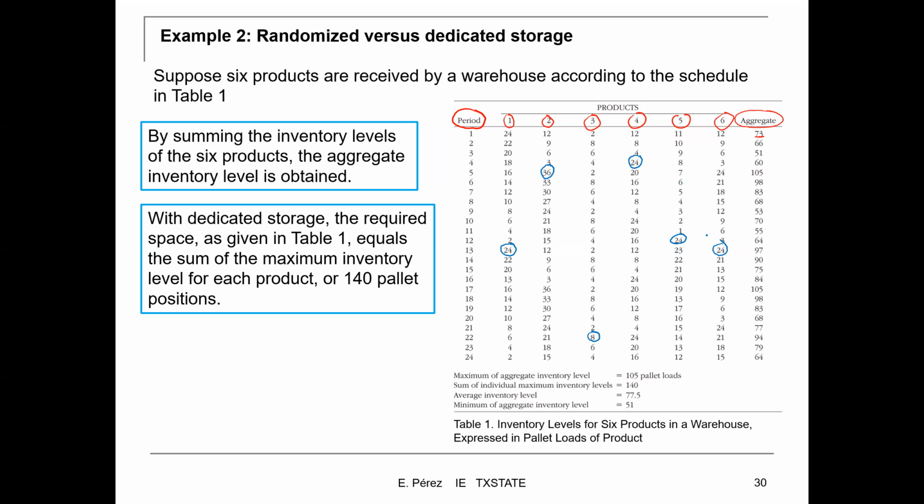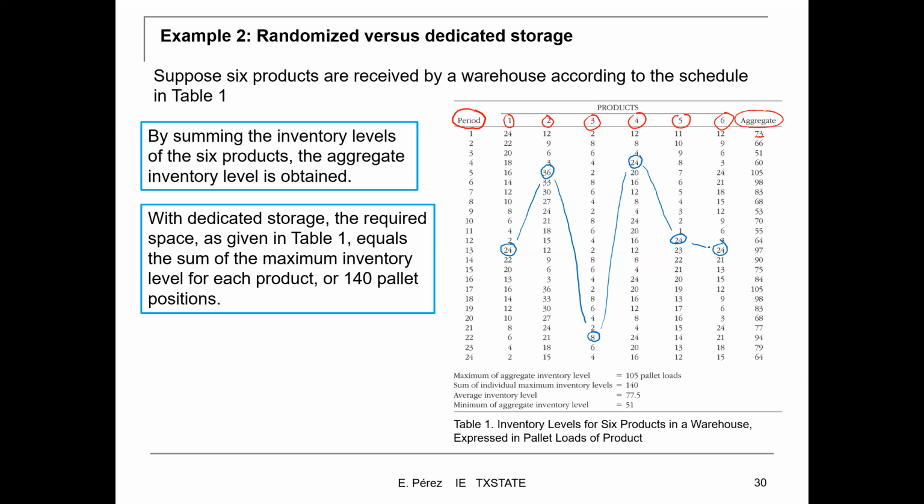So the summation of the individual maximum inventories should be equal to 140. So let's double check that. So this plus this equals 60. This plus this is 68. Then we have 92. 96 plus 20 is 116.